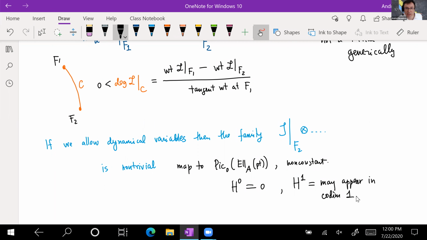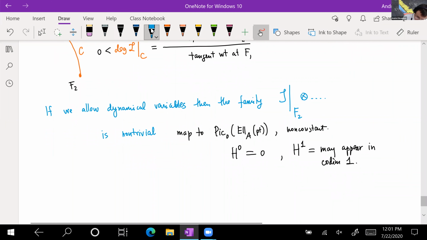If it's a map with one-dimensional target, then H1 will appear exactly where that map hits the trivial line bundle. And so what does it mean? The conclusion: what does it mean that H1 is always 0? H1 is always 0 means elliptic stable envelope is unique.